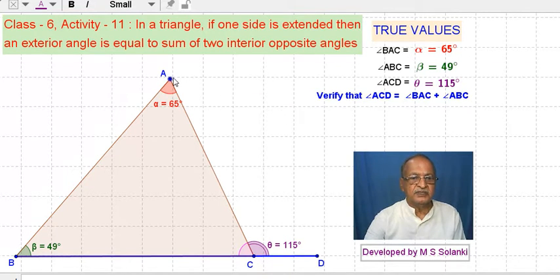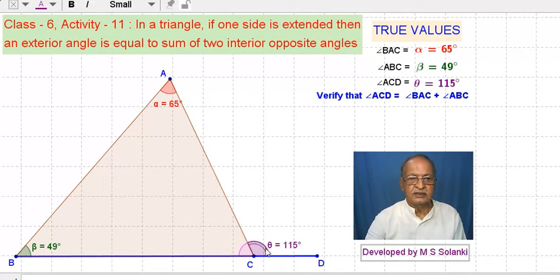Here ABC is a triangle and this side BC is extended to D. One of the sides is extended to D. And so this exterior angle is equal to the sum of these two angles.